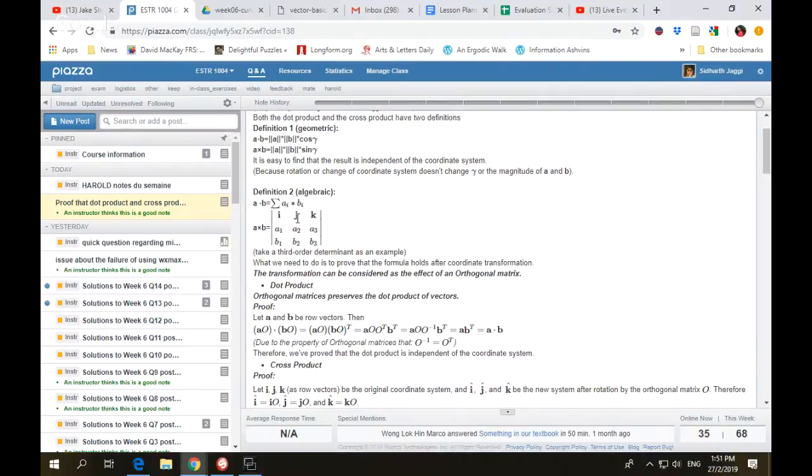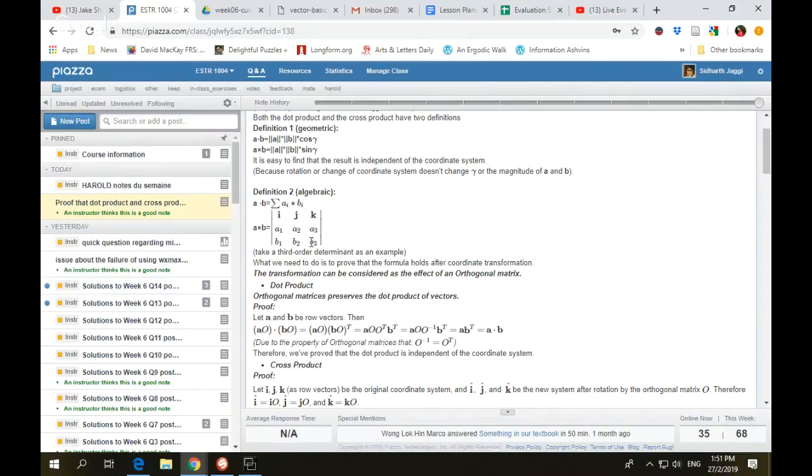The first row is all vectors. I is a vector, j is a vector, k is a vector, right? But then the a1, a2, a3, b1, b2, b3 are scalars. So that's really strange, right? Why do you have vectors in the first row and scalars in the second thing? What does that even mean, right?